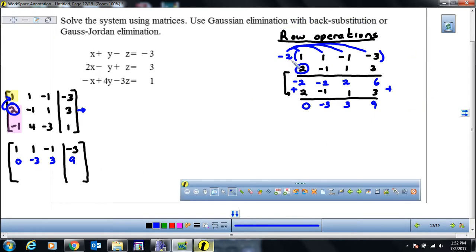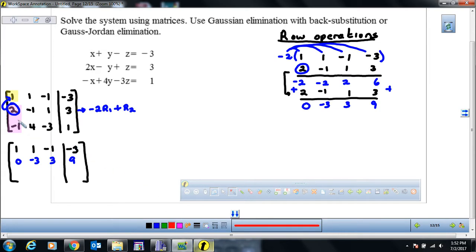First of all, we multiplied -2 times these values right here, and those values are the values in my row 1. So we multiply the first row by -2, and then we added it to this row, which is the values in the second row. That is the equation we use to obtain those new values.